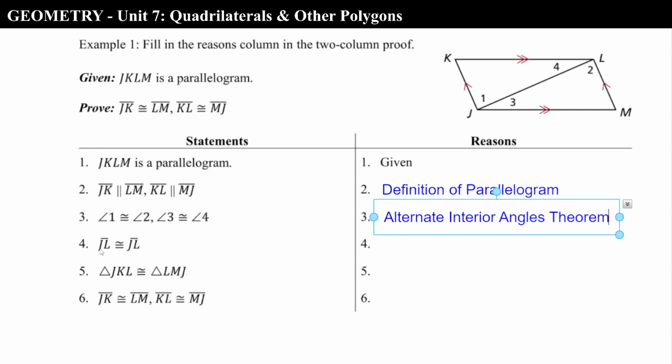Now we also know that JL is congruent to JL. It's congruent to itself. That would be the reflexive property. So let's put that in here.